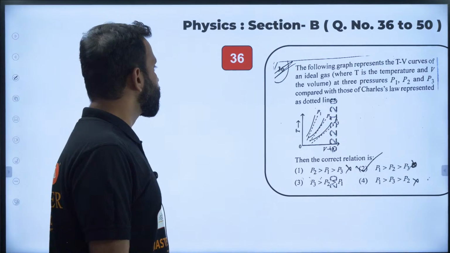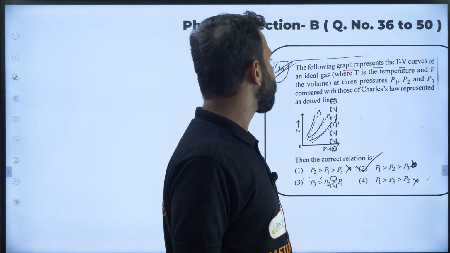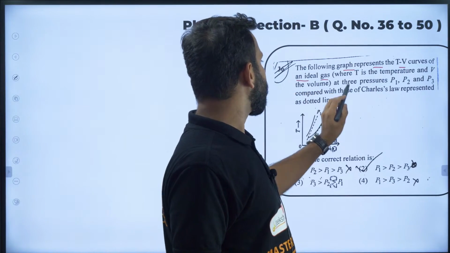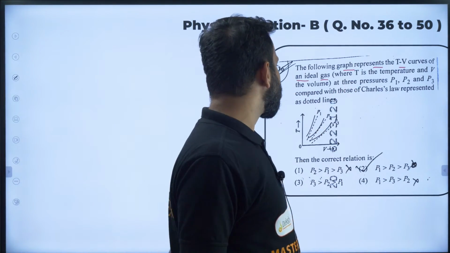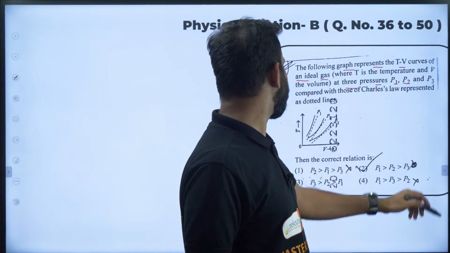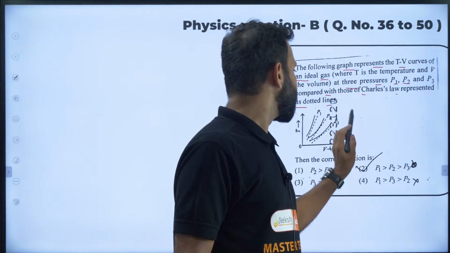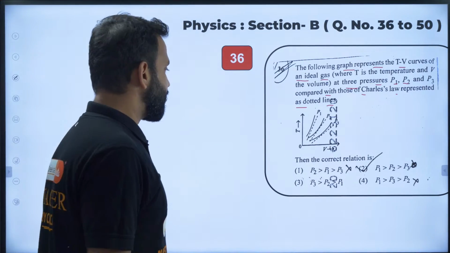Question number 36. The following graph represents the TV curve of an ideal gas, where T is the temperature, V is the volume, at 3 pressures P1, P2 and P3, compared with those of Charles' law represented as dotted lines.